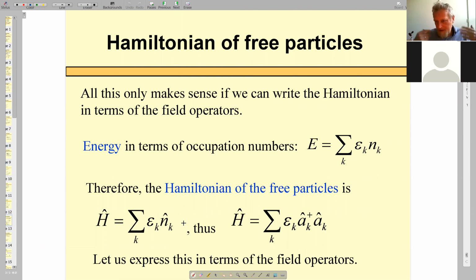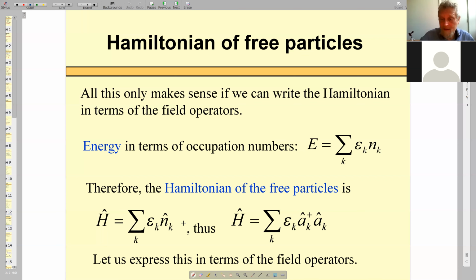That appears to be possible, and this is a big advance. If it were not possible, it would not make sense to talk about creation and annihilation operators. Okay, how can we get it? The Hamiltonian is a kind of representation of energy.